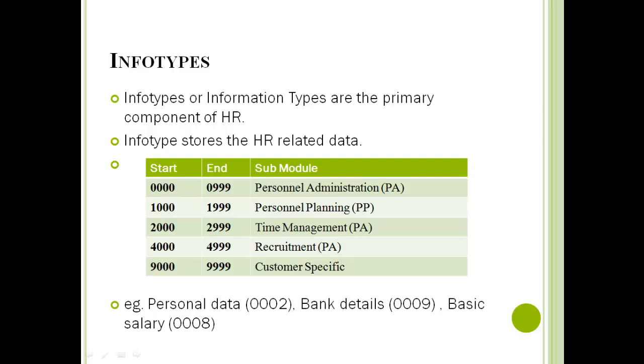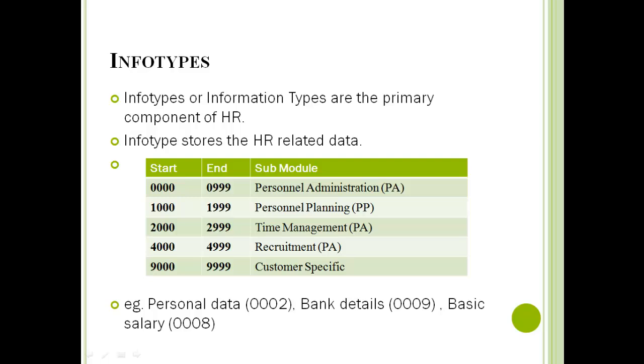Then 0900 to 0999 is customer specific, meaning customers can use their own customized info type to store any additional information which is not defined in the other categories.